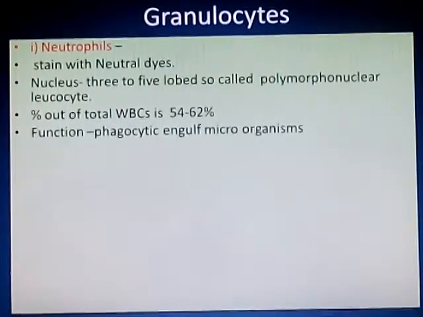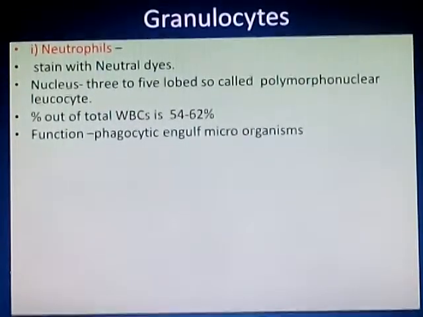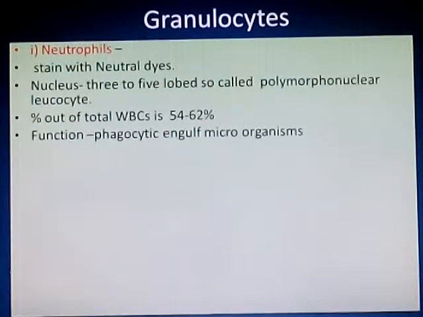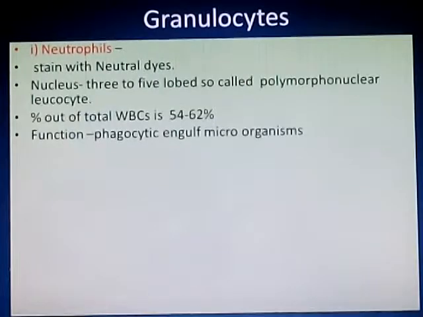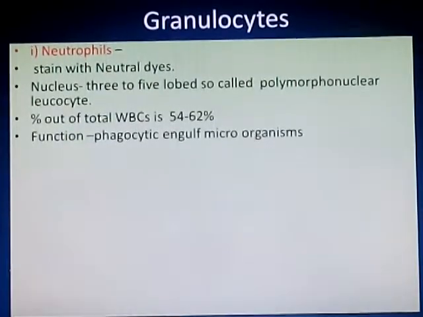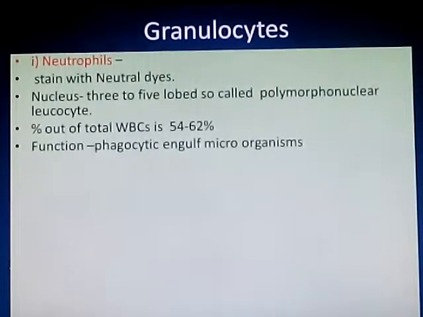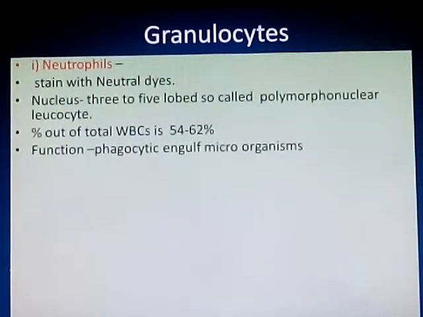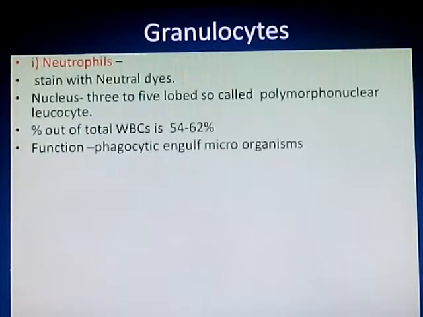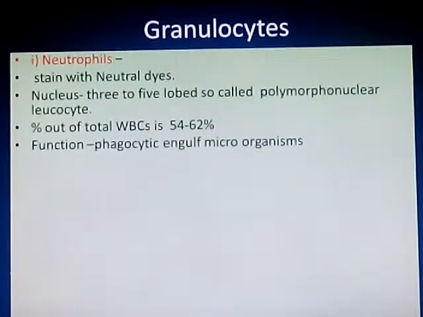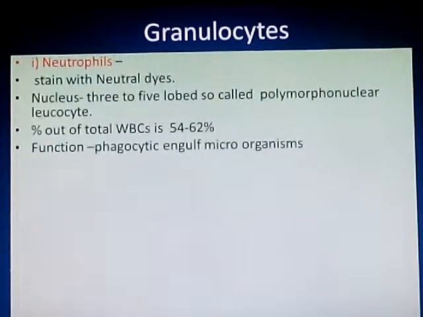When microorganisms invade the body, they are killed with the help of formation of antigen antibody complex, and then this microorganism is engulfed by the neutrophil. So this is about the first type of granulocyte.